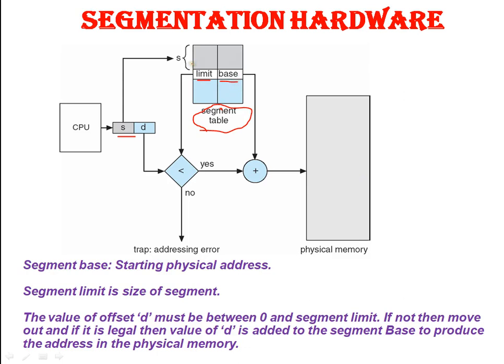Whenever the segment number is searched, you fetch the limit value and check it against the displacement value. If the displacement is less than the limit, you add it to the base register and fetch from main memory. Always remember that the value of offset, that is D, must be between 0 and the segment limit.